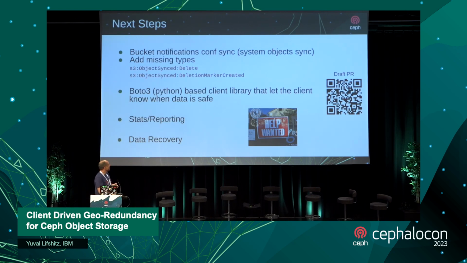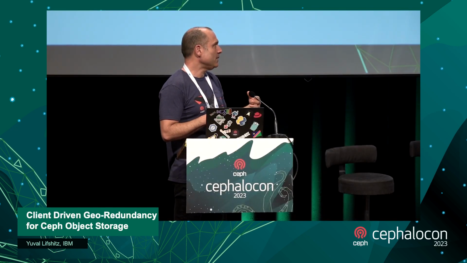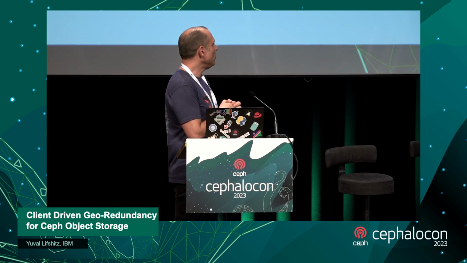Other things that make sense is to write something that does stats and reporting based on this information, something that consumes those Kafka events and writes to Prometheus, let's say, something like that. And of course, a real data recovery mechanism that, based on some timeouts or some other logic, or maybe the importance of the data based on which buckets you're sending to or what kind of information you're sending, may kind of manually kick in and do the syncing where they don't get notification that objects are synced for the bucket.